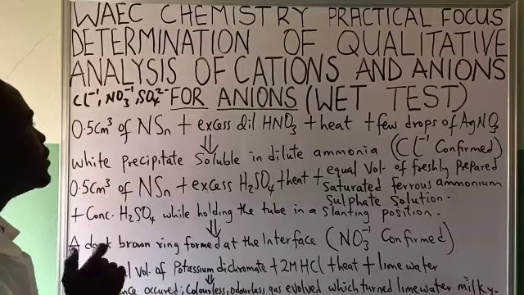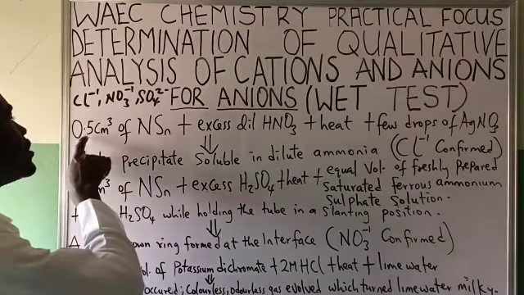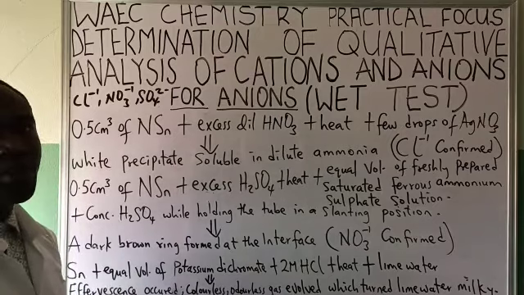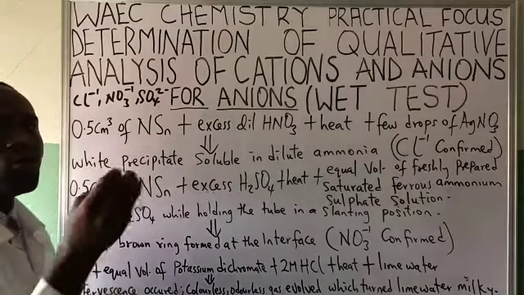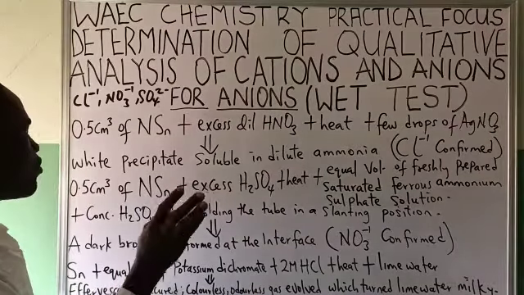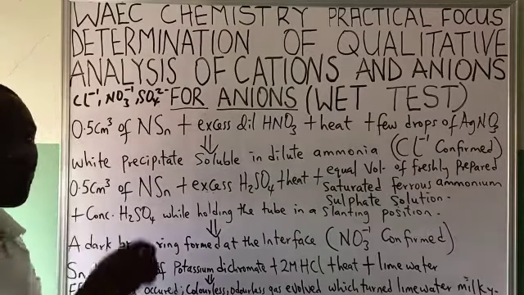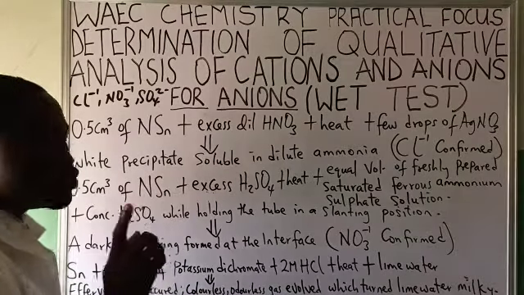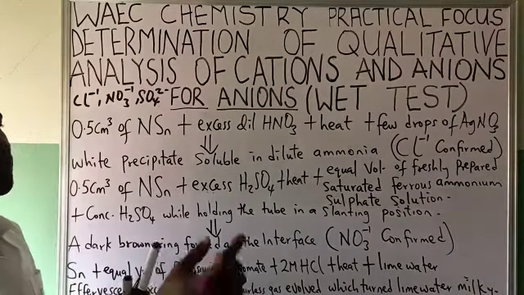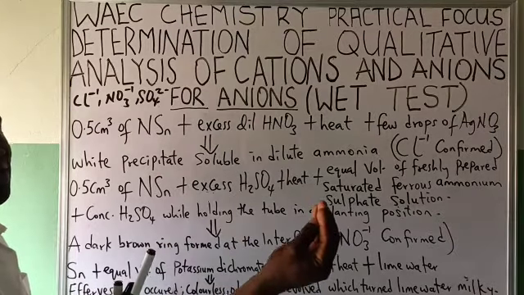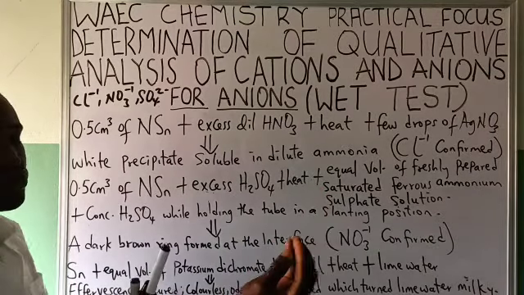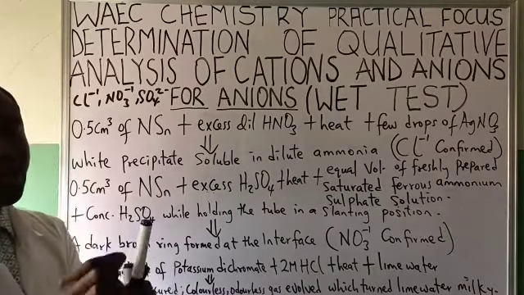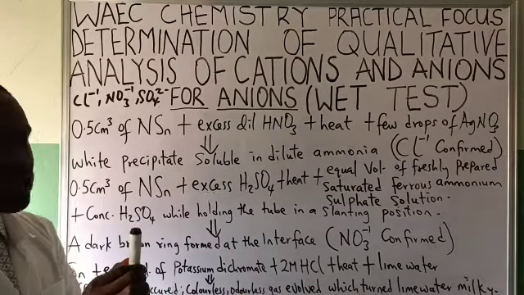Are you getting it? This 0.5 cm cube is not a must, so you don't need to look for a measuring cylinder to measure it. Just from your filtrate, the sodium carbonate extract in the test tube, pour a small quantity into another test tube.